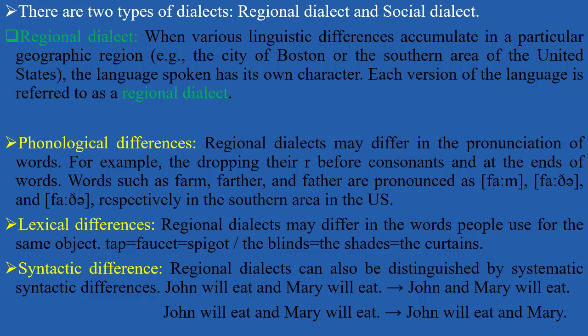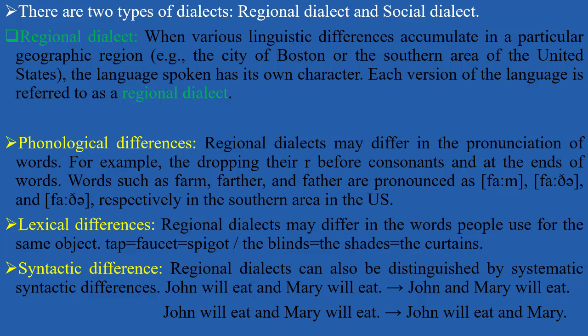And then we have syntactic differences. Regional dialects can also be distinguished by systematic syntactic differences. For example, we'll have John will eat and Mary will eat. This is a sentence, and in some dialects in the United States, the speakers of a certain regional group would say John and Mary will eat.